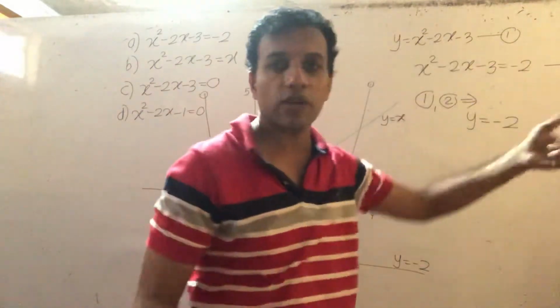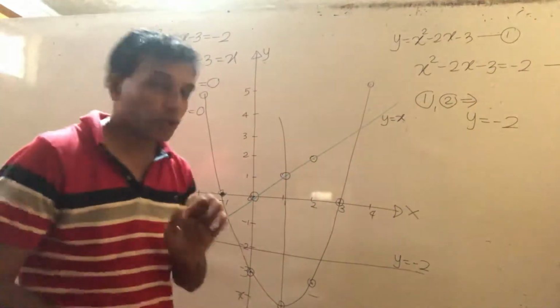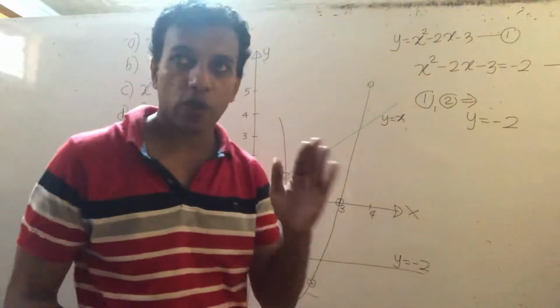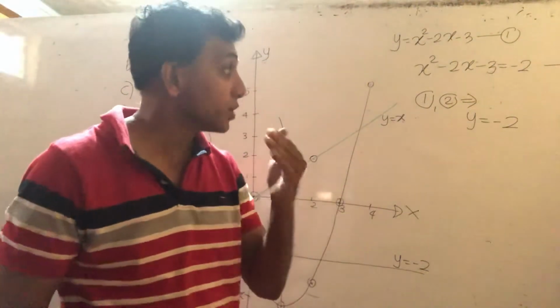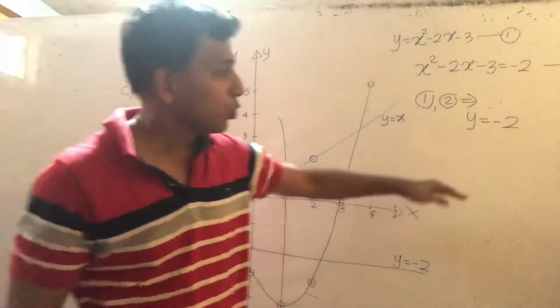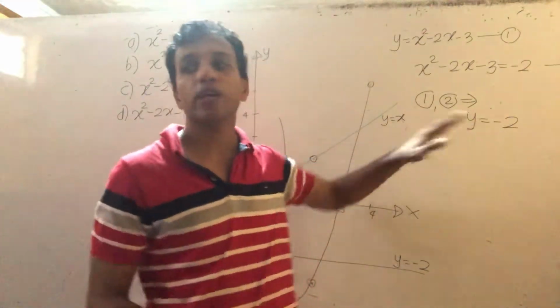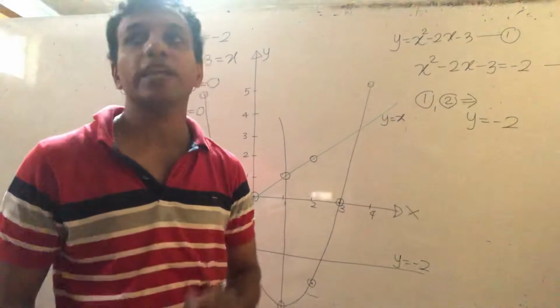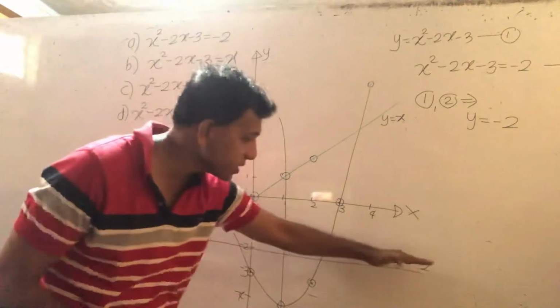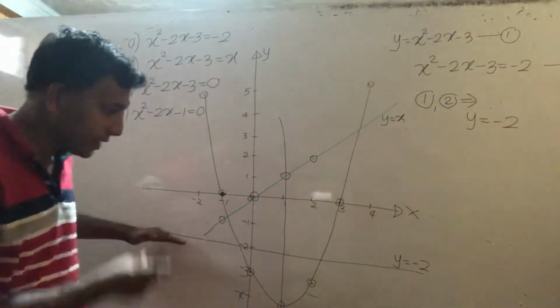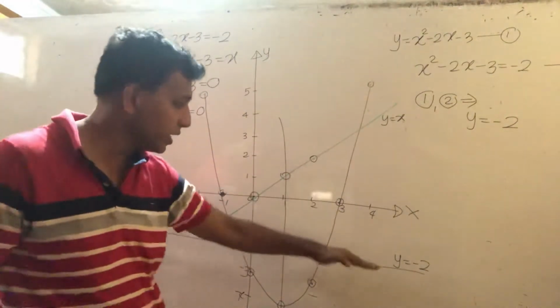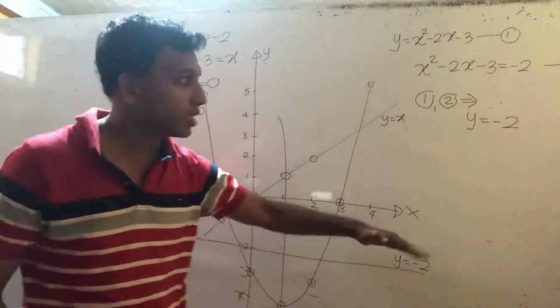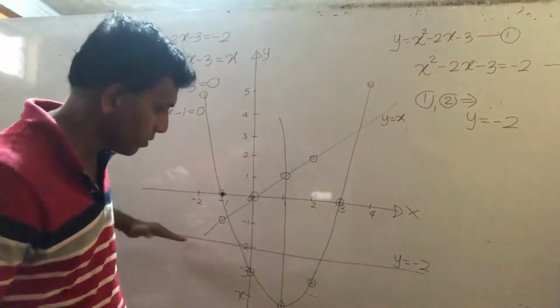Arriving at the conclusion: y equal minus 2. So remember, first remove the x square. After removing the x square, you get a straight line equation. Y equal minus 2 is a straight line equation, right? Now you draw this line. That's why they already asked you to draw y equal minus 2. Otherwise you would draw it initially.